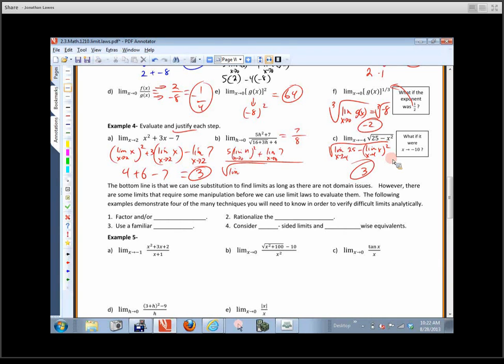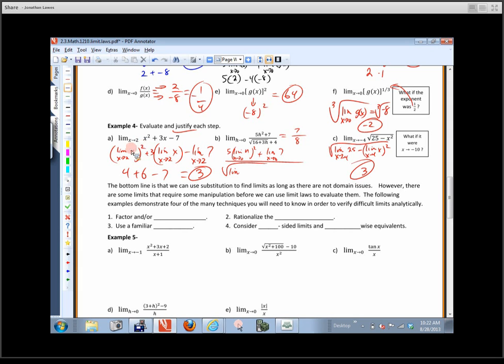Sure? Okay. All right. So, if you look at all the problems that we've done so far, as long as you're using your head and you're not coming up with any domain issues like even roots of negatives or dividing by 0, you can do substitution. I mean, it's a good idea, in my opinion, to think, okay, as x approaches 2, this is going to approach 2 squared, which is 4, okay?